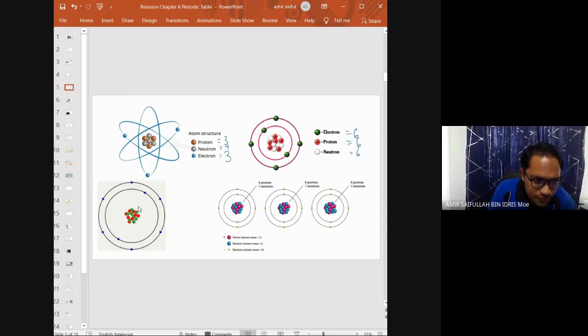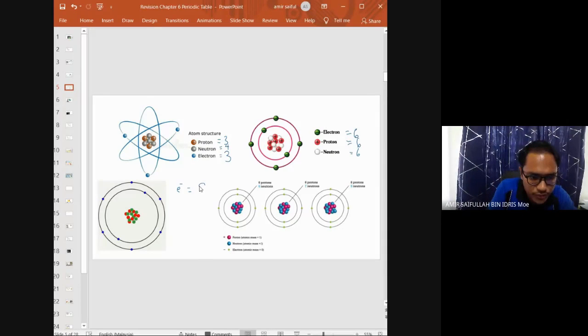Okay, for this, can you guys count? How many electrons? Electron we write like this: E is for electron, the minus sign is for negative charge. So E negative is the electron. How many? 1, 2, 3, 4, 5, 6, 7, 8. Okay, good.